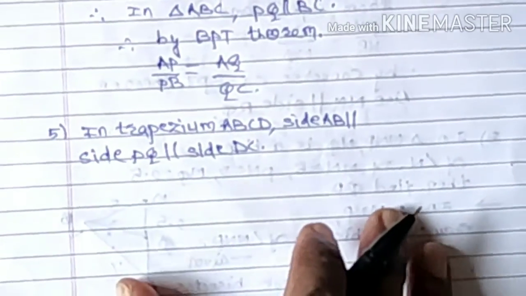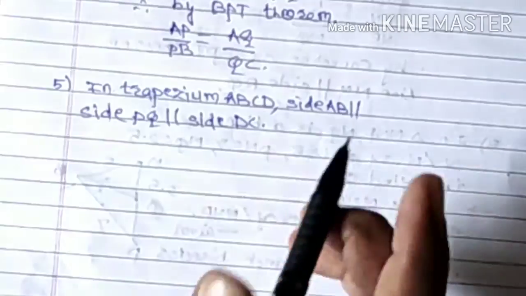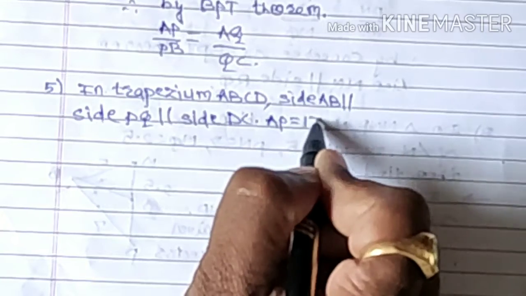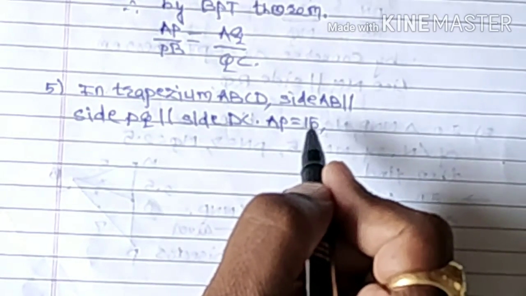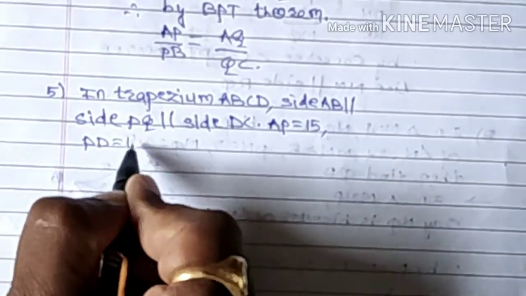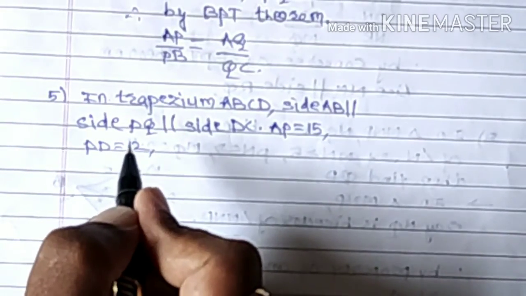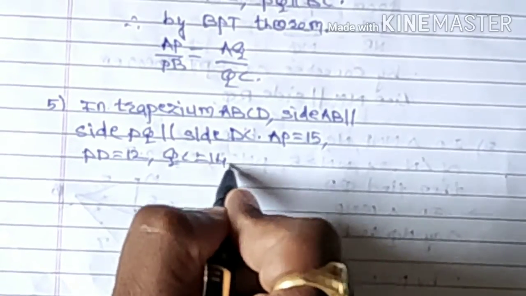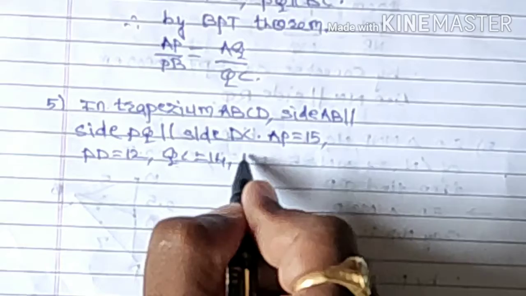AP is equal to 15, PD is equal to 12, QC is equal to 14, and find BQ.